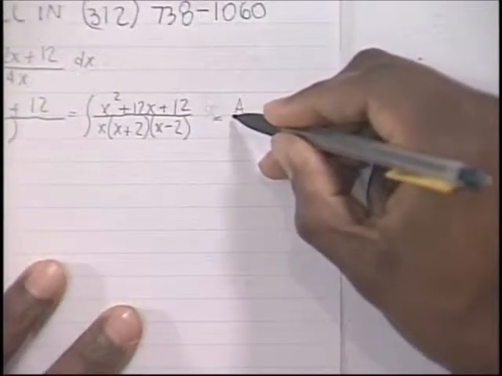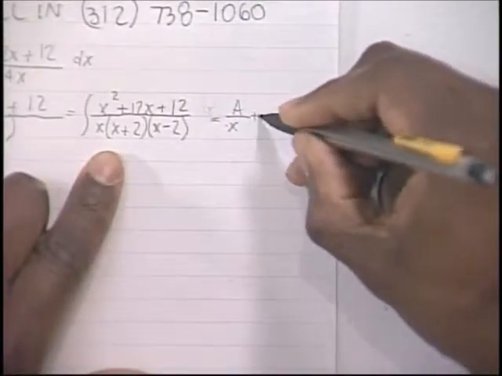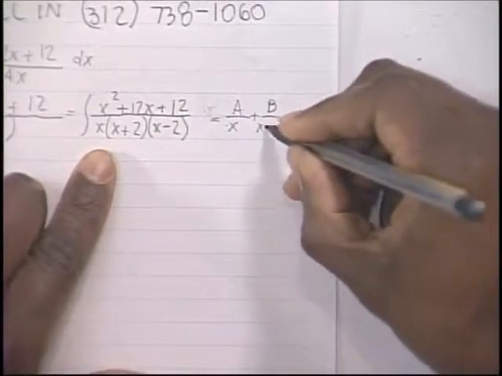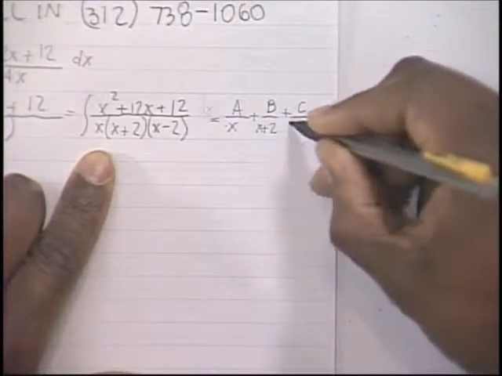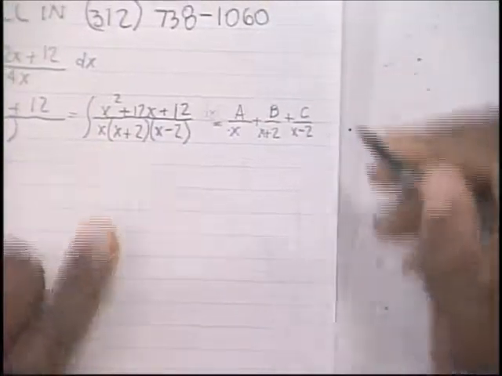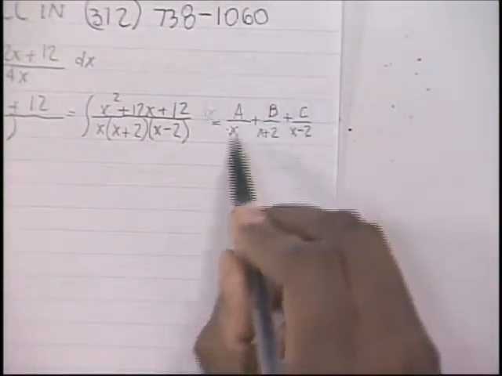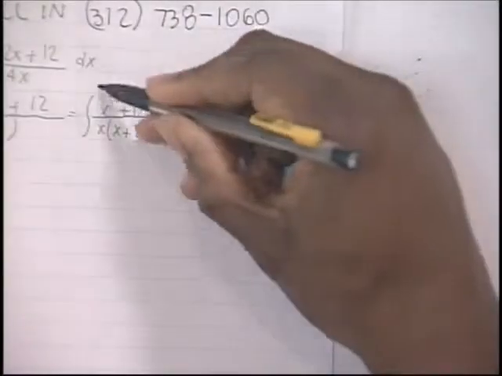So we have A over x plus B over x plus 2 plus C over x minus 2. If we can substitute in for A, B, and C, it's going to be much easier to take the antiderivative of these three fractions versus this one big one. So let's try to do that.